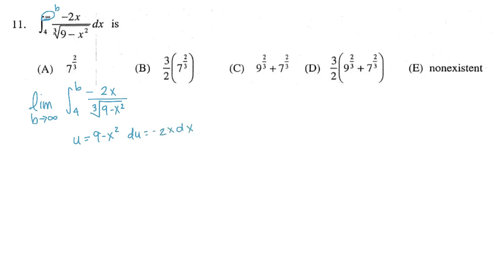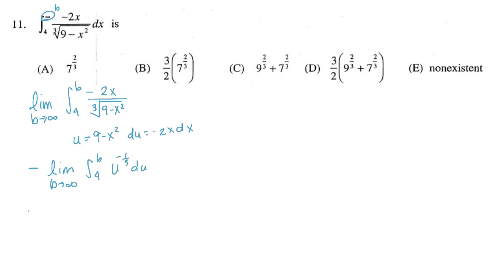And so I have a negative here that I'm going to throw out. So I'm going to have here a negative, and then we have the limit as b approaches infinity, the integral from 4 to b, and it looks like we ended up with just 1 over u to the 1/3, or u to the negative 1/3 du.